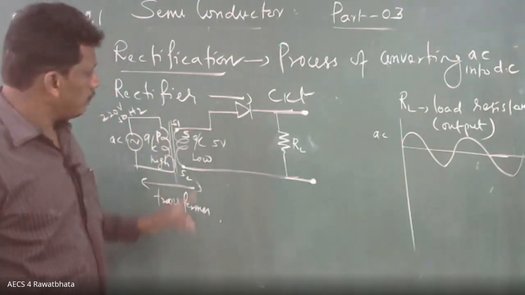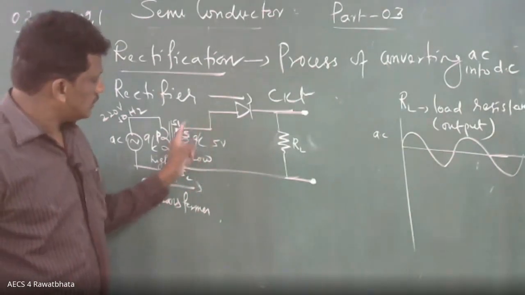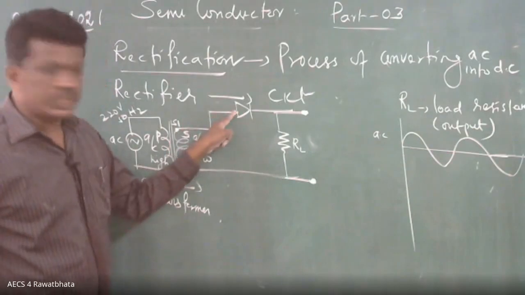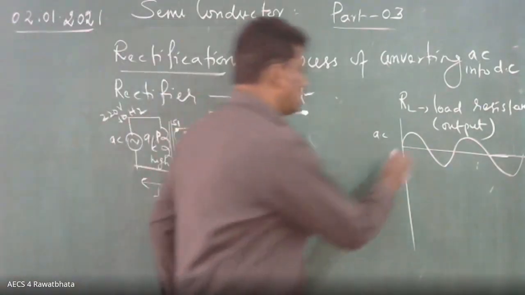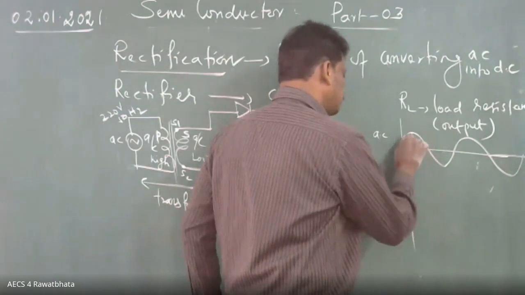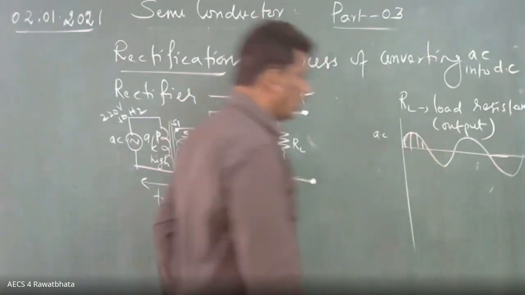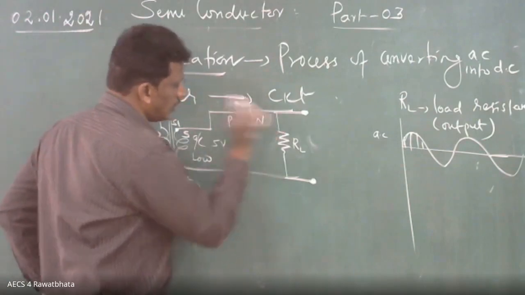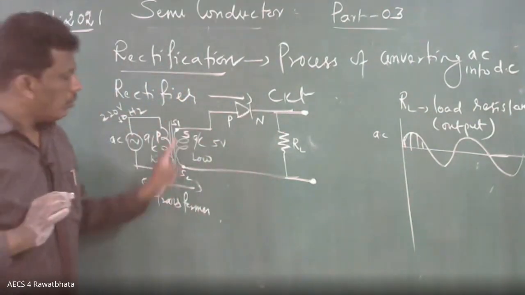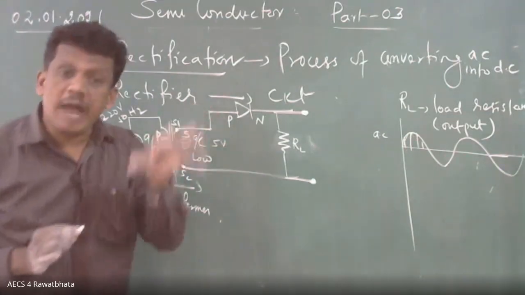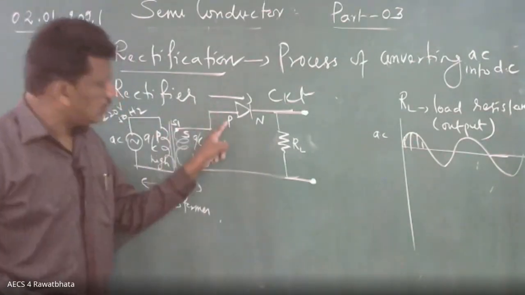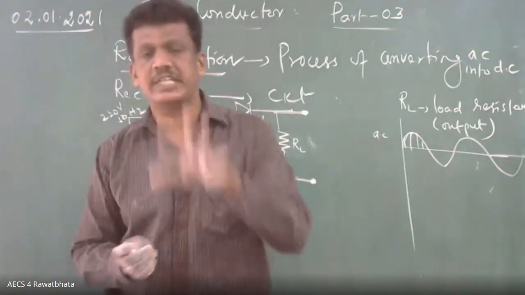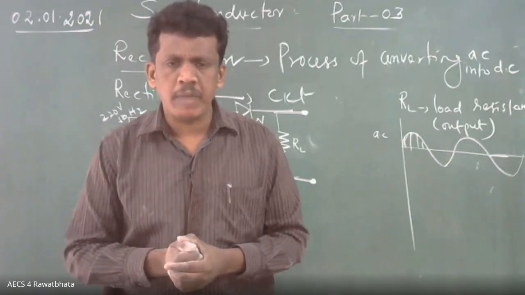Now what will happen? First, S1 is positive during the positive half of the signal. Positive with P region, N region. Which bias? Very simple, positive with P region is forward bias. In forward bias, which one conducts, majority or minority carrier?